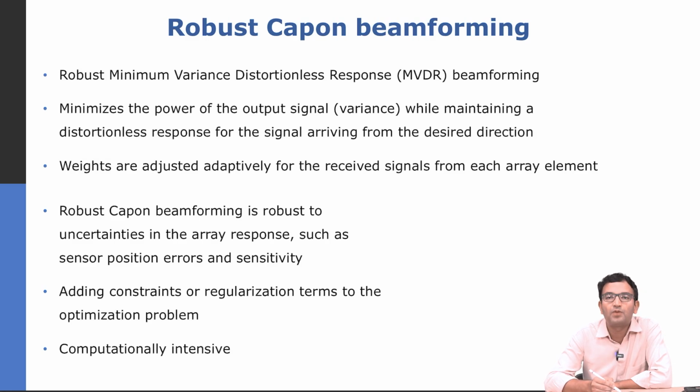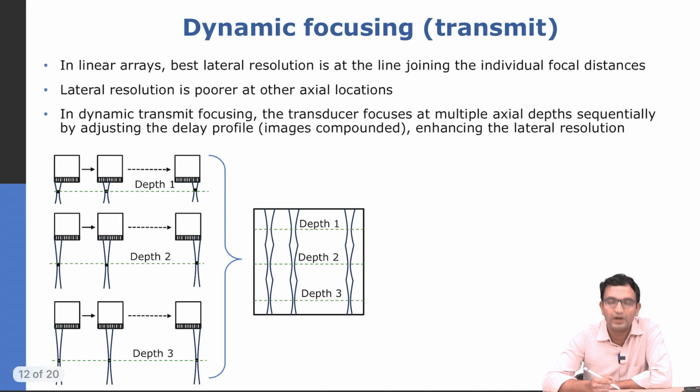But robust Capon beamforming has some additional constraints or penalty terms in its optimization process, which makes it robust to such variations in, for example, the array response or the position of the array elements, where there might be some variations relative to the theoretical positions. Robust Capon beamforming has been researched a lot. There is a plethora of papers available in the literature. It is still not that widely used because it is computationally intensive. But nonetheless, with growing computational power, I think very soon its use will increase.